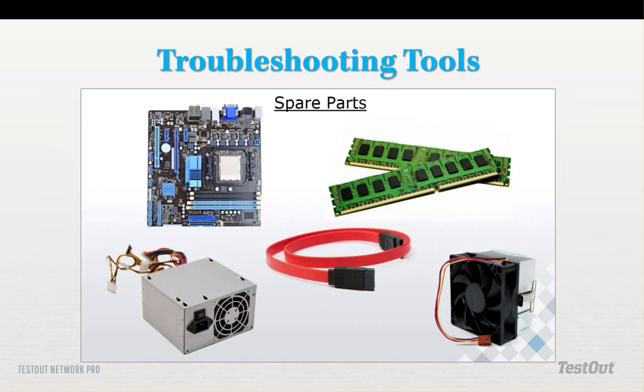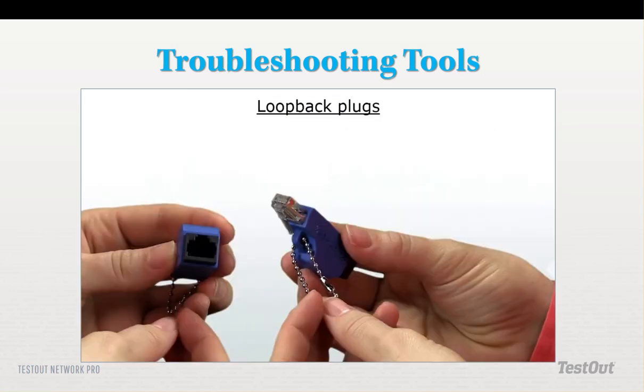Here's troubleshooting tools. Now this is just extra memory, and this is just an extra cable that connects the SATA device to the system board, obviously system board, power supply, and a fan. This will attach to the motherboard, and the motherboard will sense the speed of the fan and will report it. Loopback plugs test to see if data is transferring and coming back.